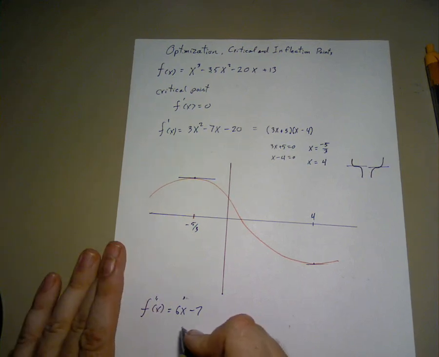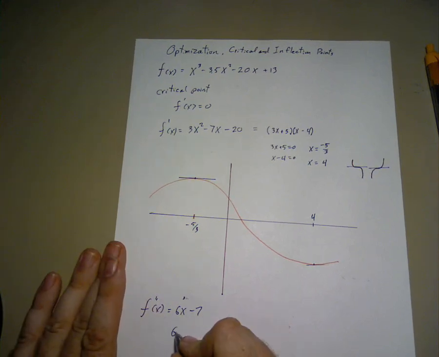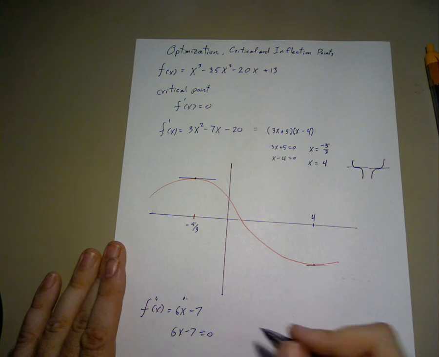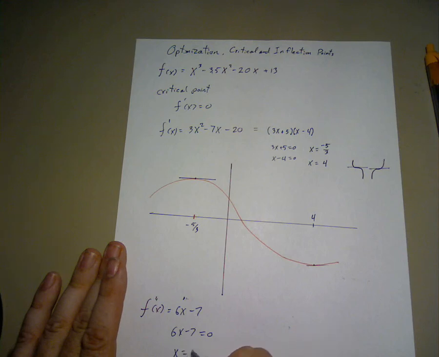And therefore we set this equal to 0. The inflection point is where that equals 0, so our point must be 7 over 6, positive.